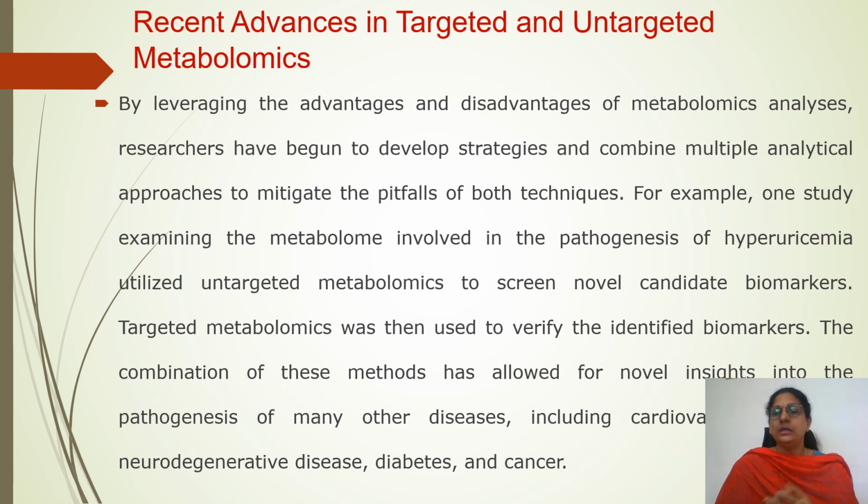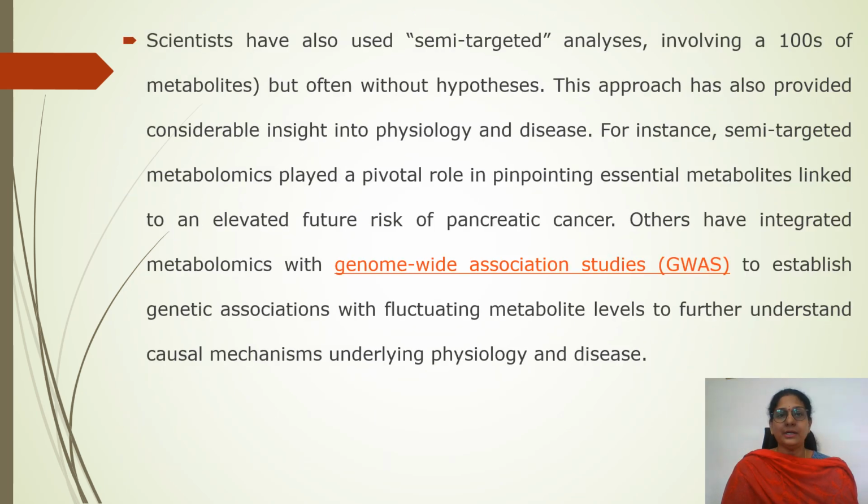By combining these one after the other, we can come out with a very good outcome. That way we can troubleshoot disease causes and mechanisms, or develop biomarkers, especially in the case of Alzheimer's, cancer, and diabetes. These are a few diseases we now need to pay much attention to.